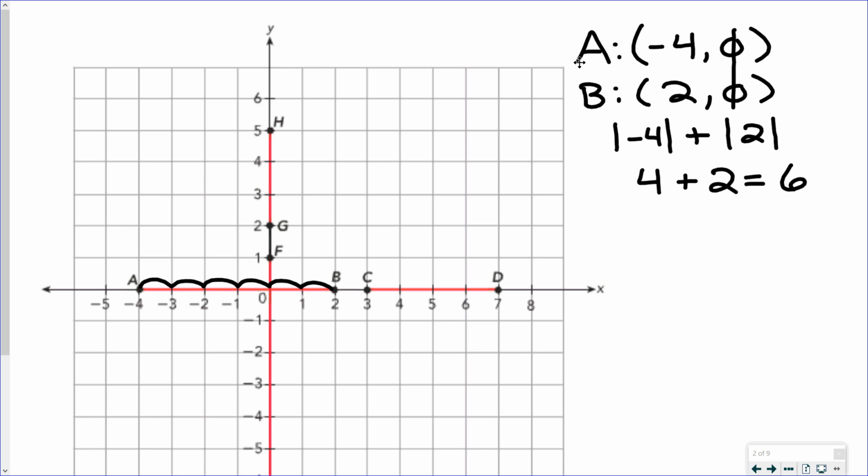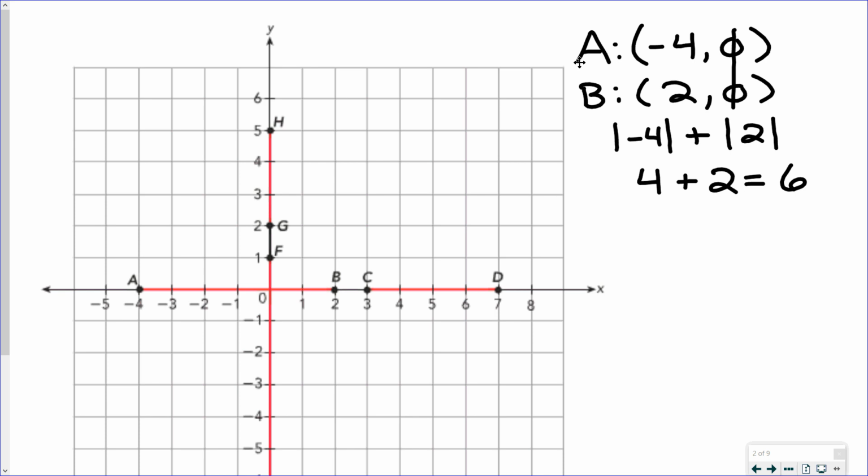If not, you'd have to plot the points, make sure that they're in the correct locations, draw the line segment, and then do the counting. And sometimes just doing the addition or eventually subtraction of the absolute values of your coordinates will be quicker.